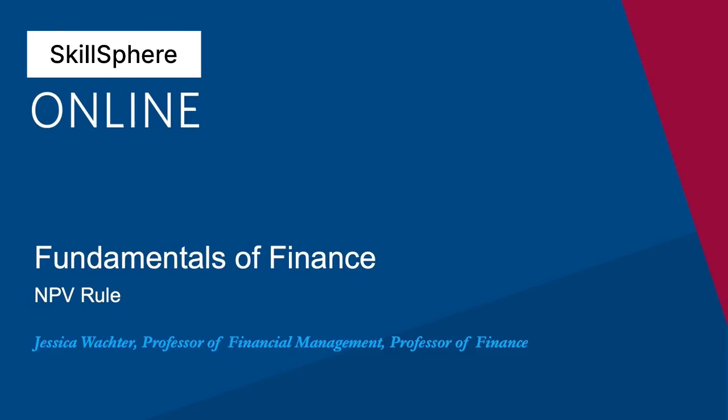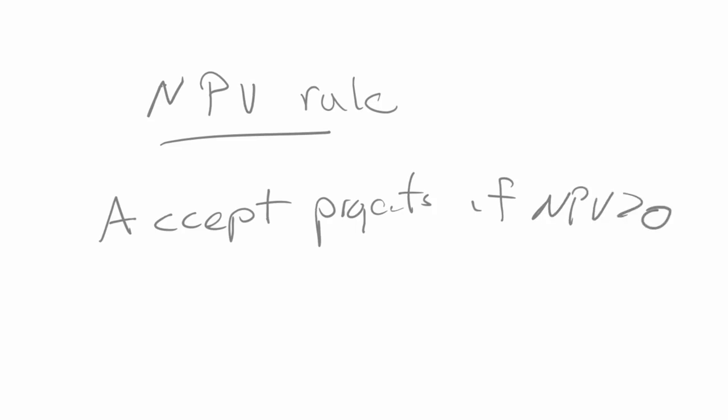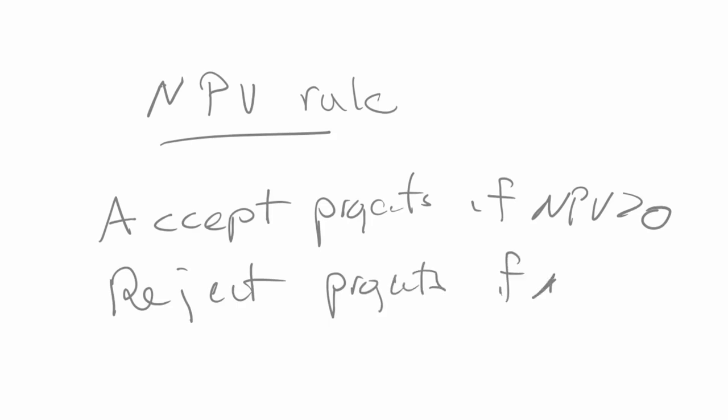So in this video, I'm going to discuss something very profound, which is the net present value rule. The NPV rule. It says, accept projects if NPV is greater than 0. Reject projects if NPV is less than 0.